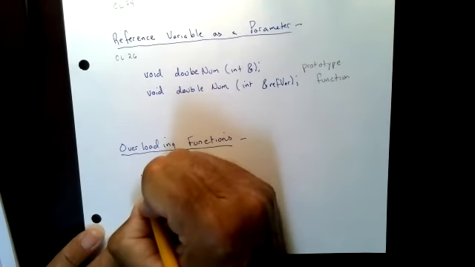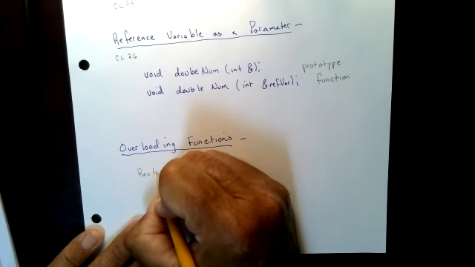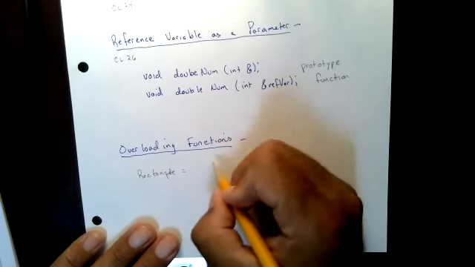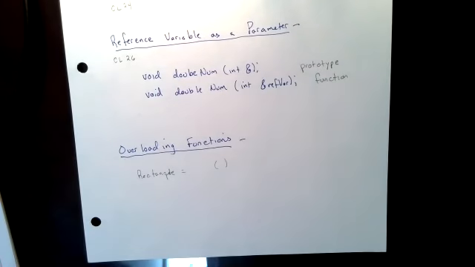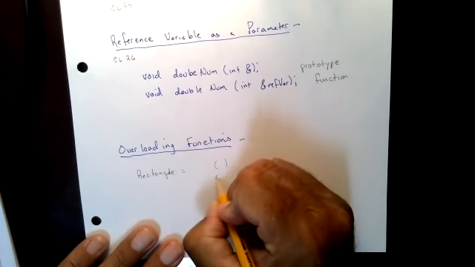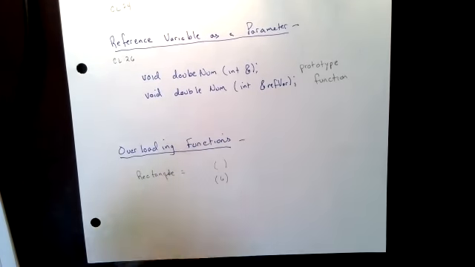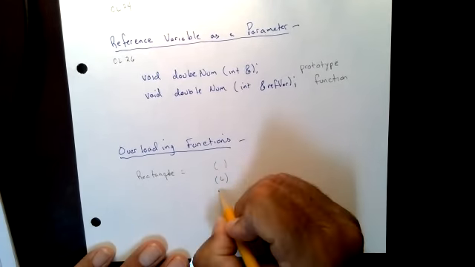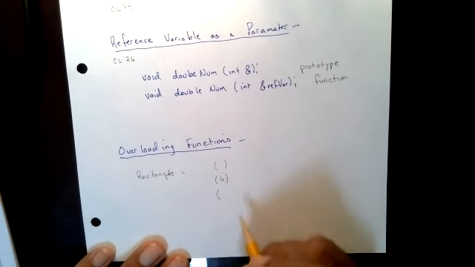Because we had this rectangle equals new, whatever it was, and then we had empty parentheses. And then we had rectangle, we instantiated an object of type rectangle, and we would throw in just a single number 6. And how did we have that constructor set up? We had a constructor that if it was null, I gave the length of value and the width of value. If it was a single value coming in, I used the second constructor, and it made the length and the width both 6.